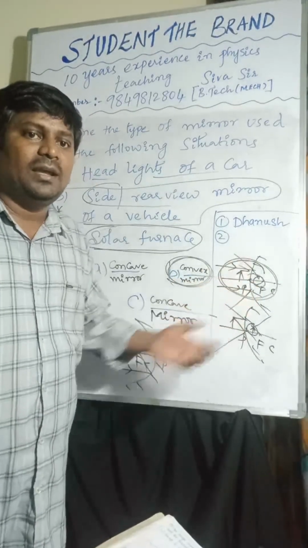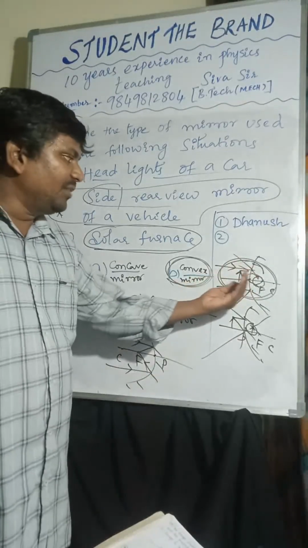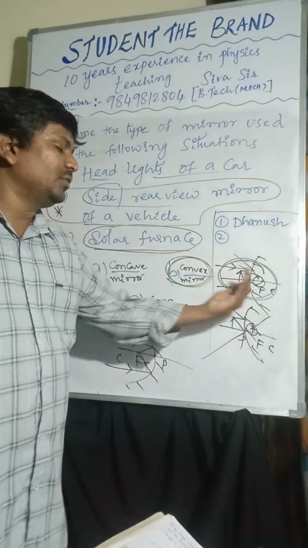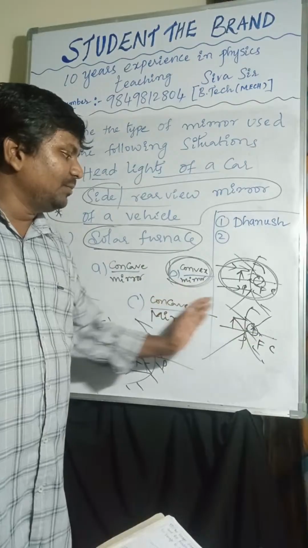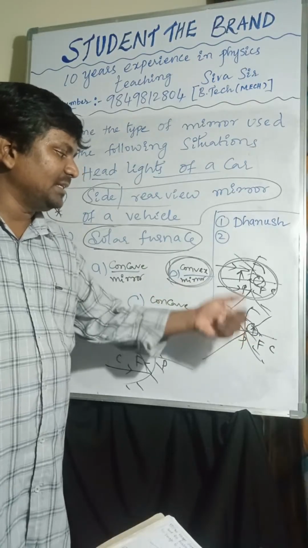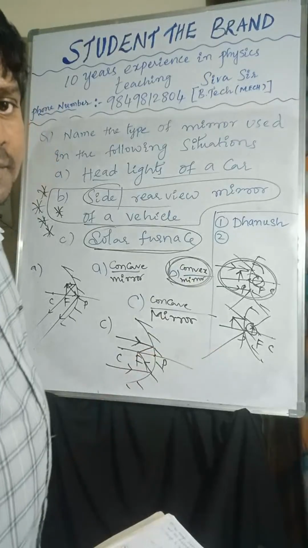So the image will be highly diminished. That's why as you move away from the convex mirror, the image size decreases. As you move near to it, compared to previous, the image size increases. Any doubt still?